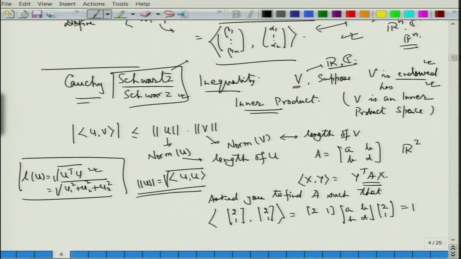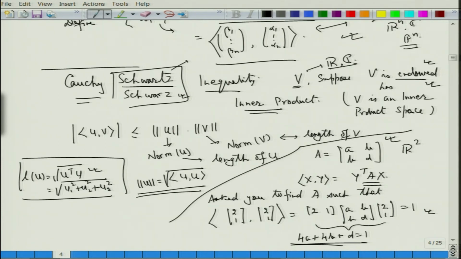I had asked you to find a, b, d such that this happens, and I got your expression for this, which was I think 4a plus 4b plus d. This was one of the conditions that was required. So under this inner product that I am defining here, this vector (2, 1) has length 1.